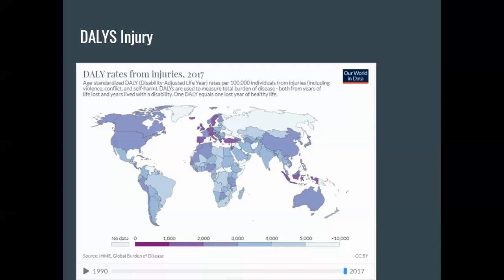Self-harm and violence also refer to those things that affect people in terms of the use of controlled substances and addiction. And so some of these things are much more prevalent in Western Europe and in the United States. So we can't really look at DALYs as a single thing, but we know that they have different characteristics in terms of their geographic distribution.